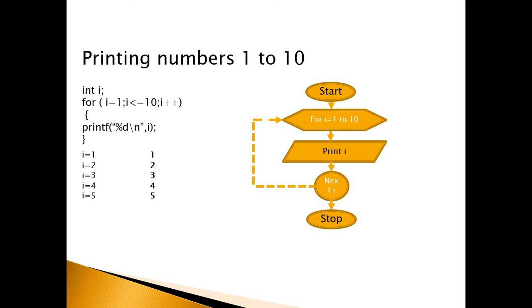Like this it continues up to 10. After printing 10, i becomes 11. When it checks the condition, it becomes false. 11 is neither less than nor equal to 10. So the loop will be terminated. This is how numbers are printed from 1 to 10 using the for loop.